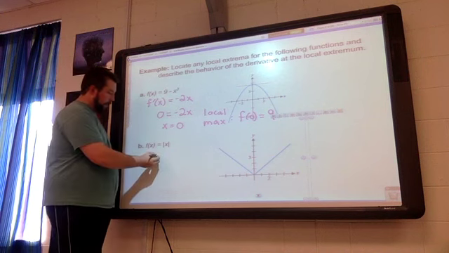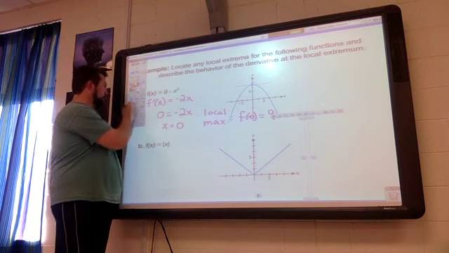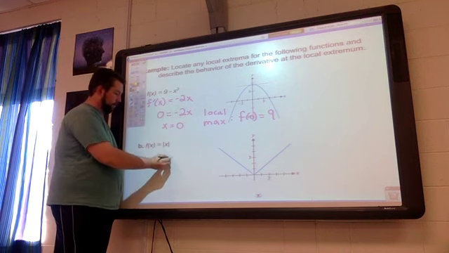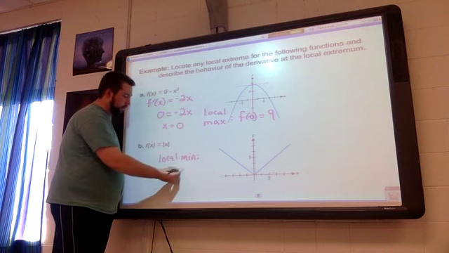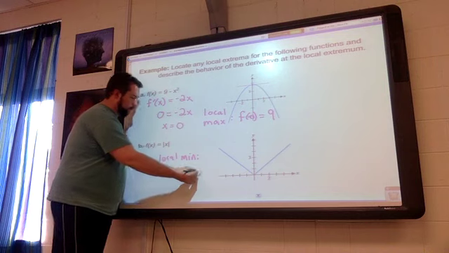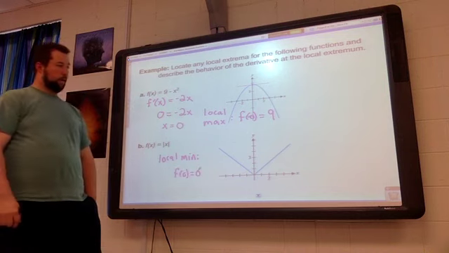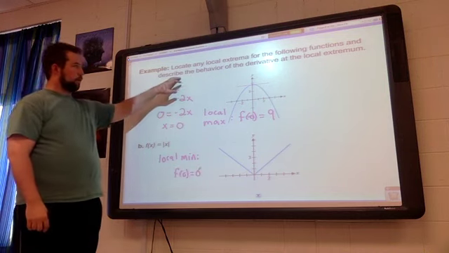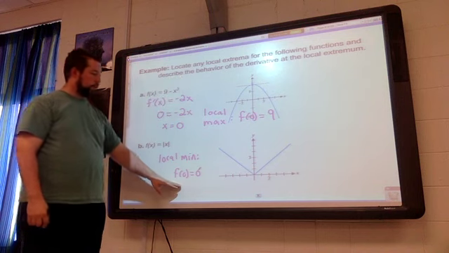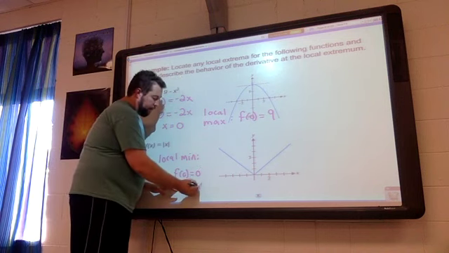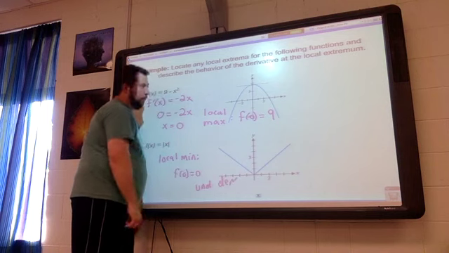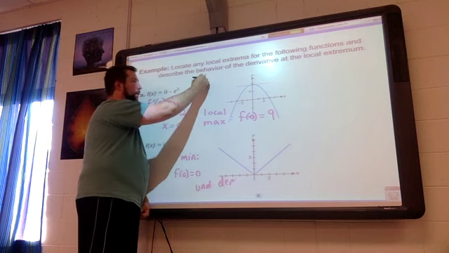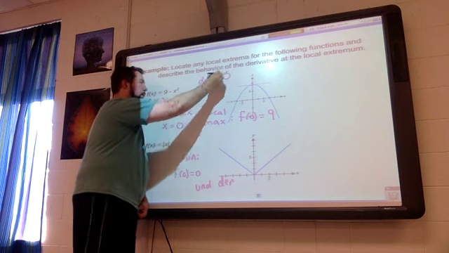So we know that the local min is going to be f of 0, which is 0. And I guess we need to answer the other questions. The derivative on this one is undefined, so an undefined derivative at that minimum. And on the previous one, the derivative is 0.